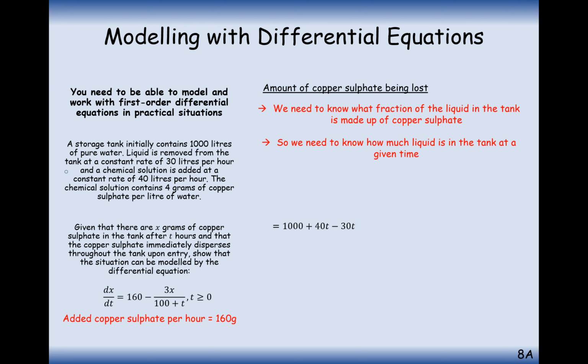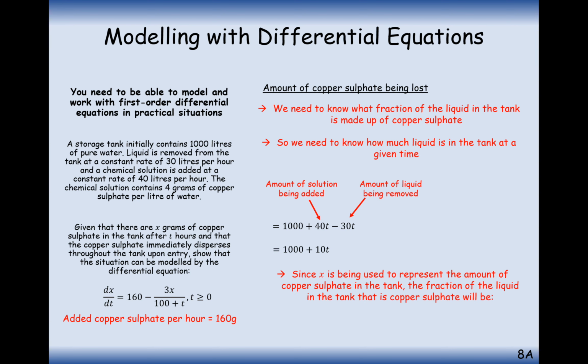Liquid is removed from the tank at a constant rate of 30, so that's why it's a negative, and added at a rate of 40 litres per hour, so that's why it's 40T as a positive. So this is the amount of solution being added, and that's the amount of solution being removed. Simplifying that, it's 1,000 plus 10T.